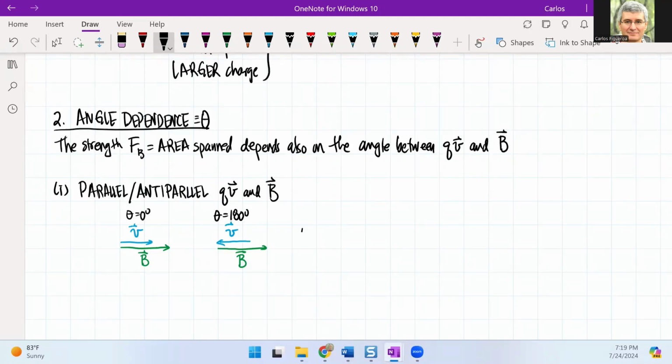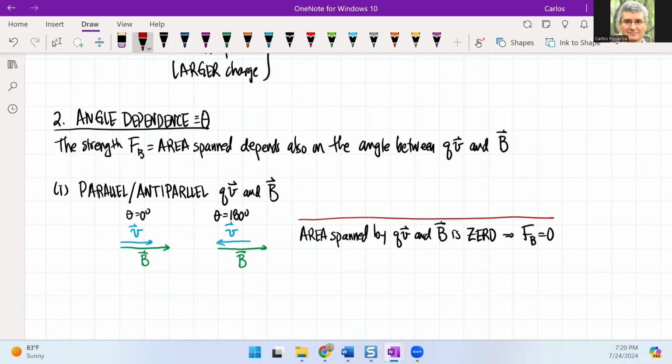So this says that the area spanned by QV and B is 0. And if it's 0, then that tells me that the magnetic force here has to be 0 as well, because it has to do with that area spanned.